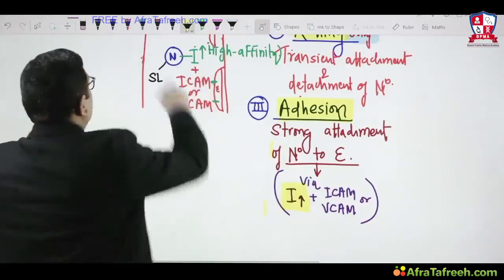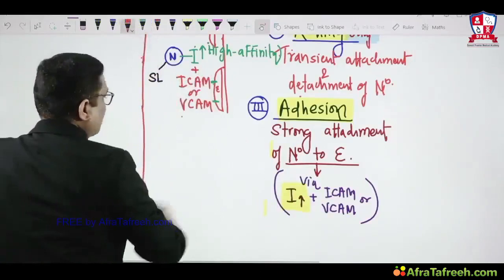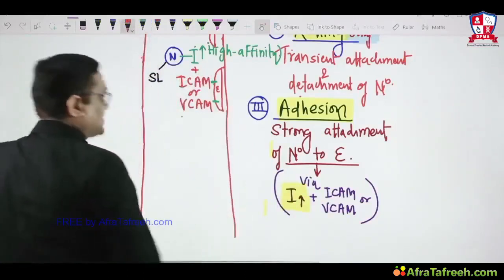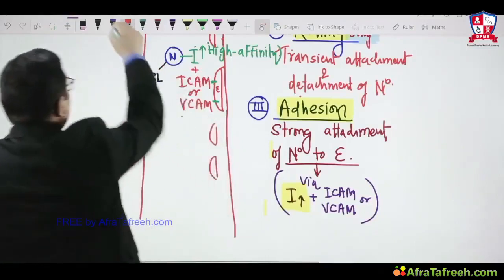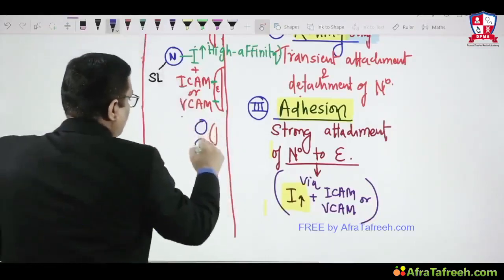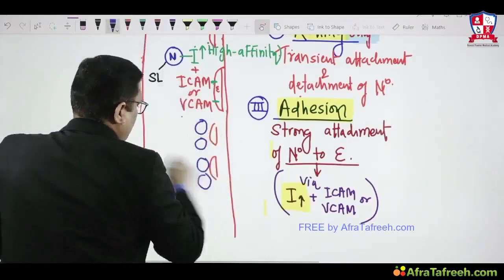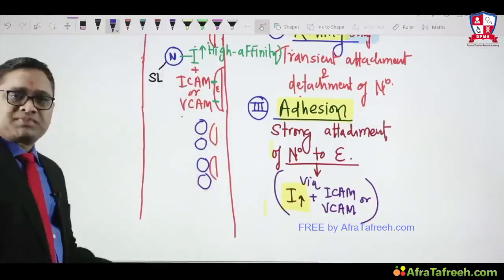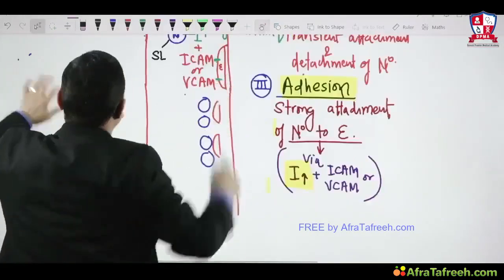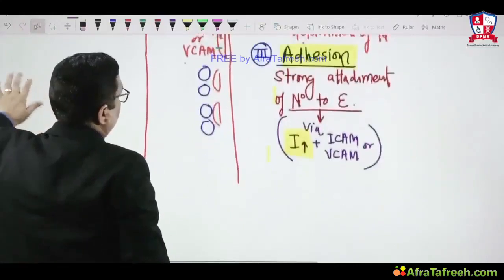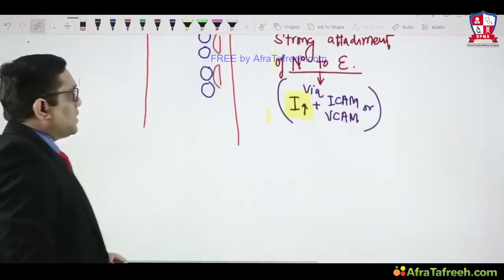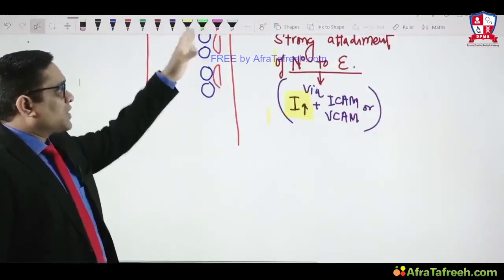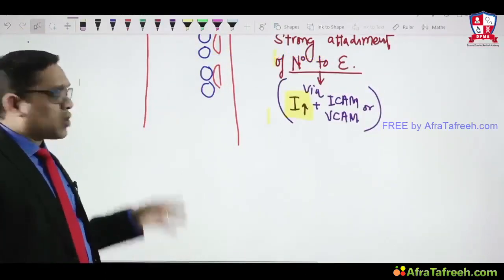So during this process of inflammation, again I am extending this blood vessel. What we are observing on the endothelial lining, now we can see layers of neutrophil present. When you see layers of neutrophil over the endothelial lining, this is called pavementing.